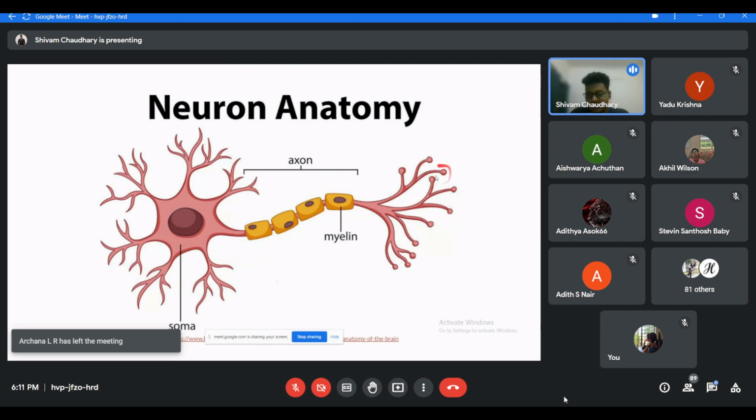From these axon terminals, it releases certain chemicals and passes that information to other neurons. The information is sent as an electrical impulse through the axon, and the electrical impulse causes a release of chemicals. This is called electrochemical signal processing.